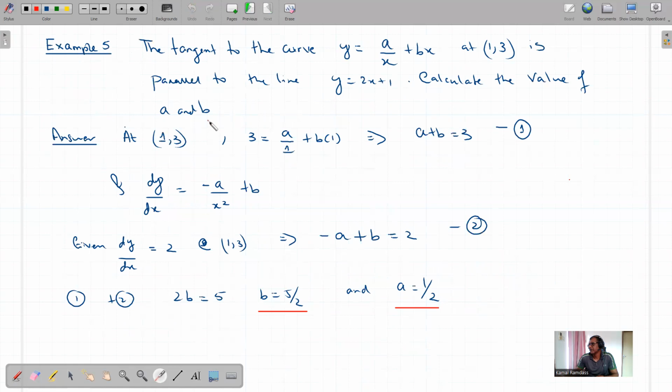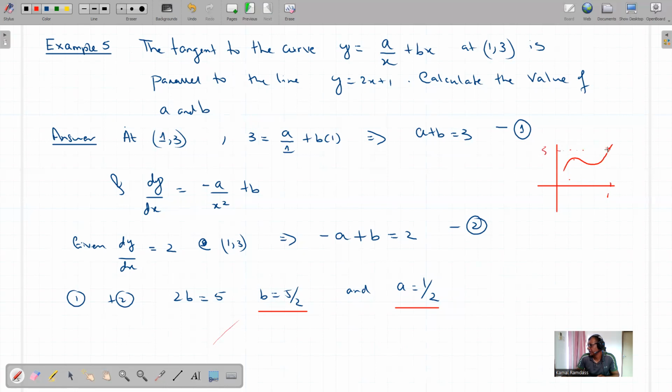Okay. Ça veut dire, évidemment, is parallel to the line. Là, on a besoin de comprendre que, besoin de faire un dessin. Ça veut dire là, voilà mes axes, voilà ma curve, et peu importe comment la curve a été, at 1 and 3, ça c'est 1, ça c'est 3.